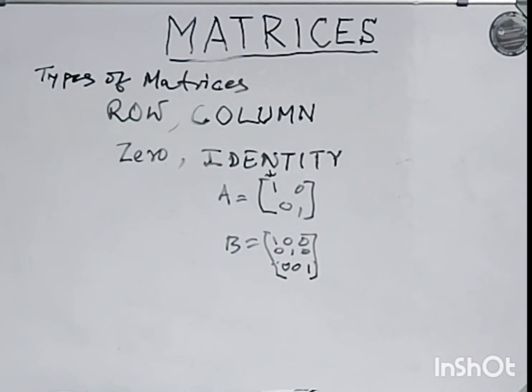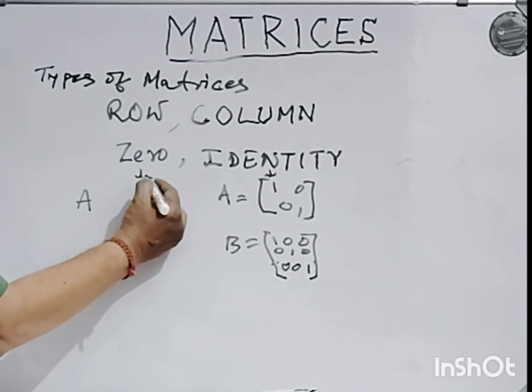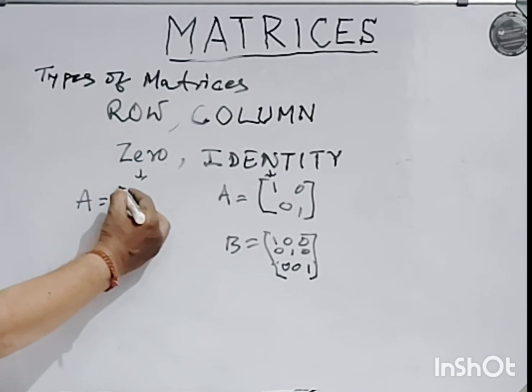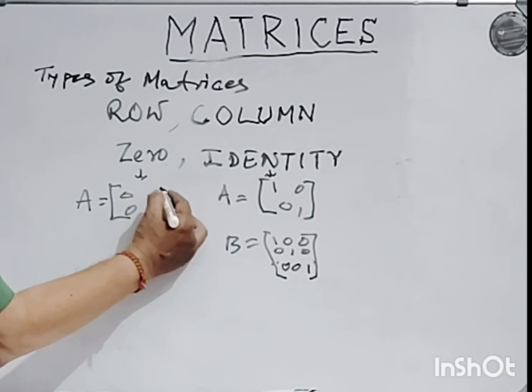This is an identity matrix. Null matrix I have said, it is 0 0, zero, zero, zero, zero.